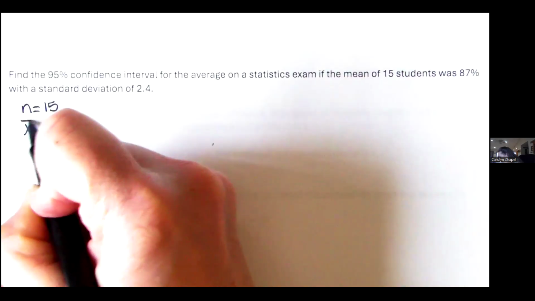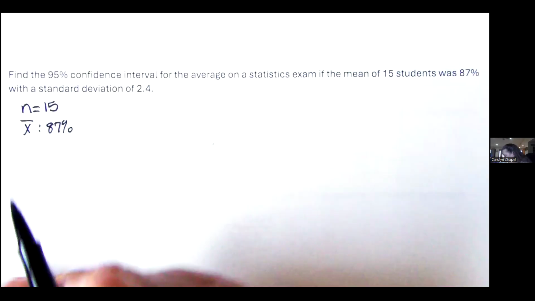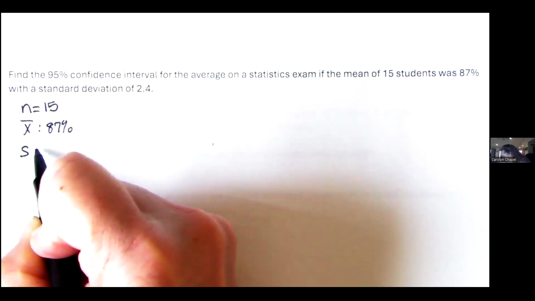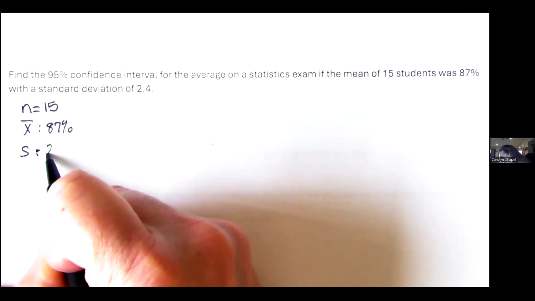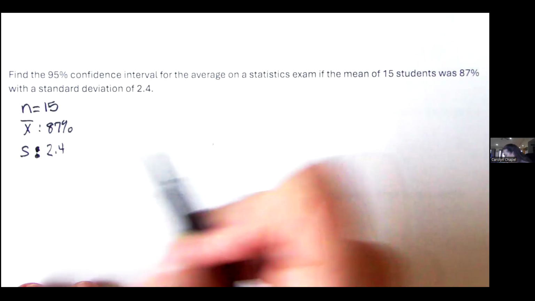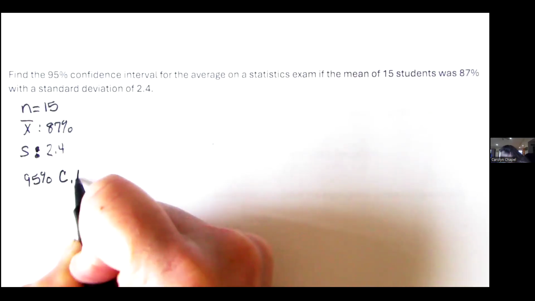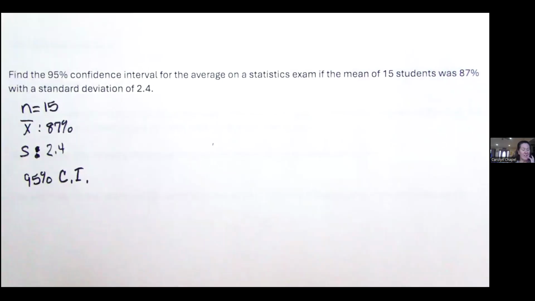X bar, the mean, is 87%. And my standard deviation is 2.4. We are doing a 95% confidence interval. So I'm going to go to SALT and let it do all the work for me.